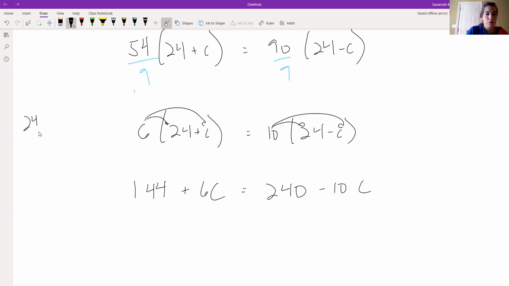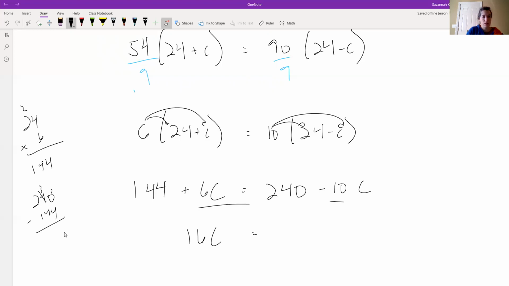When I have to multiply things horizontally, I always like to check vertically. I love multiplying vertically. Okay, the C's, I can collect them on the left. So that 10 will turn positive. I'll have a 16C. And then if I subtract the 144, again, being extremely obsessive about doing things, I have 96. And let's see, is this going to come out?